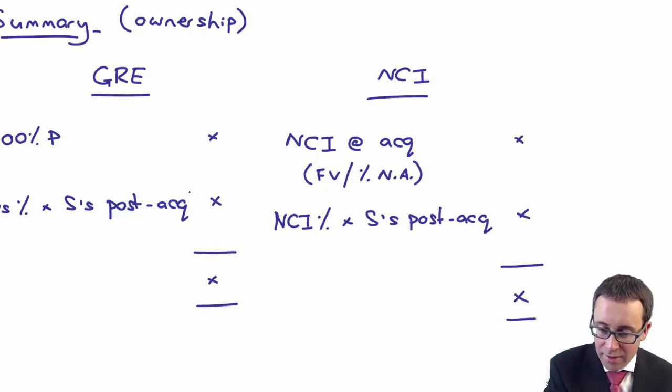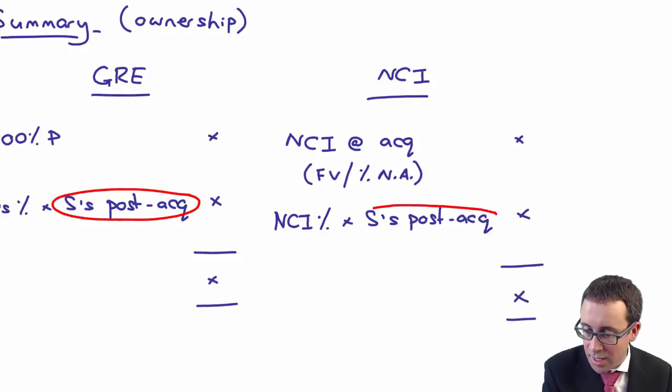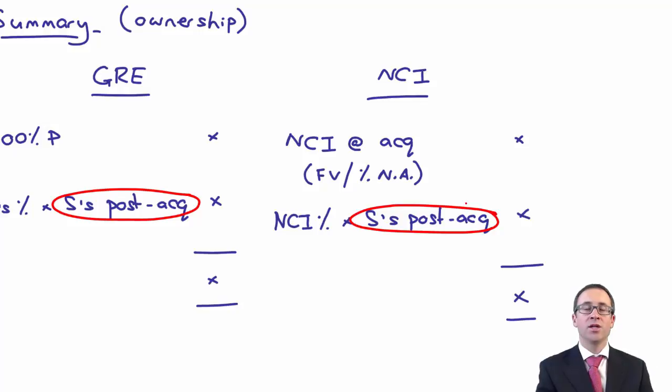Again, the figure that we have for S's post-acquisition is the same figure that we use in each of those calculations. And for now, it just looks at the movement in your retained earnings.